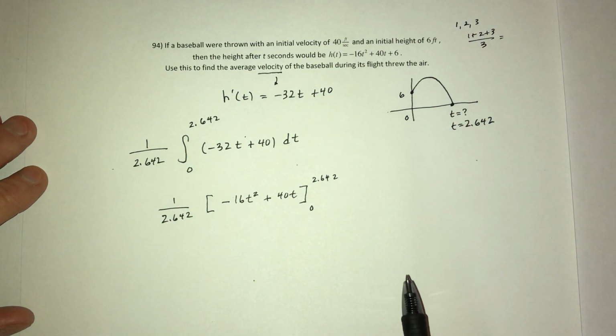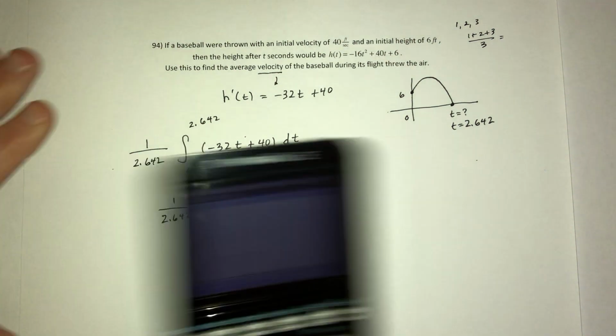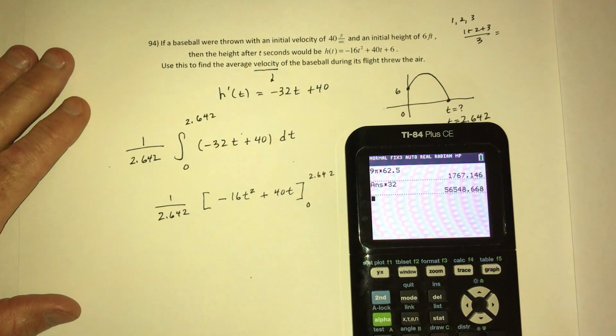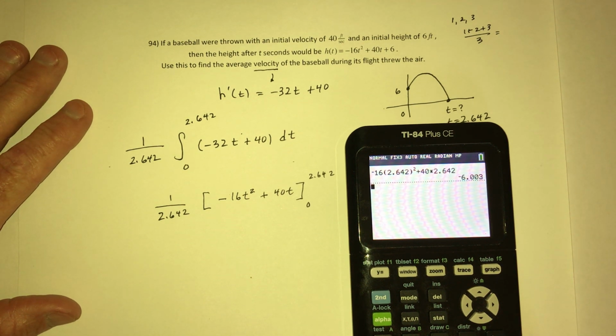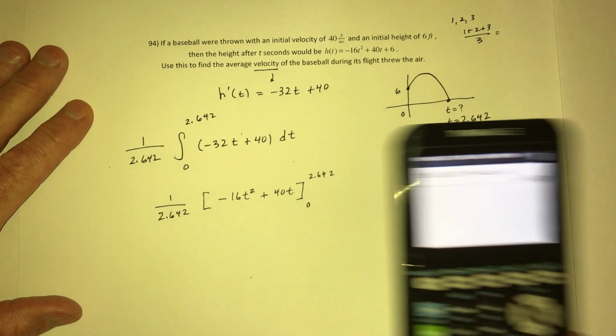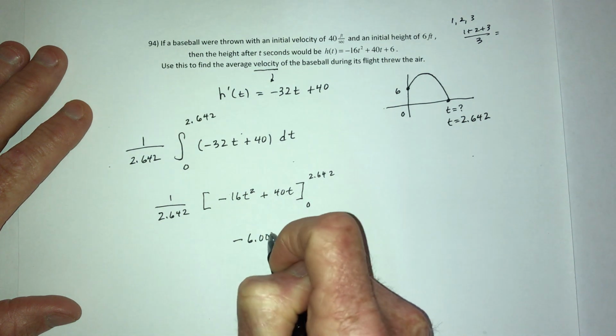So let's see. If you substitute the 2.642, so that's going to be negative 16 times 2.642 squared plus 40 times 2.642. It equals that much, negative 6.003.